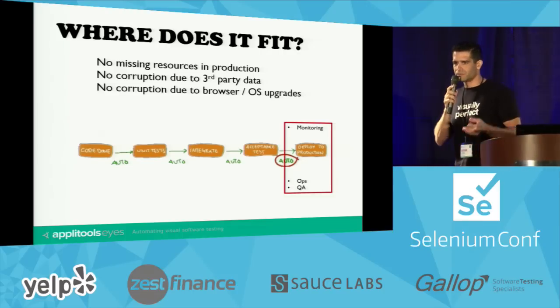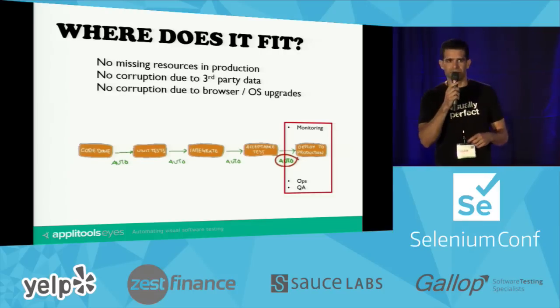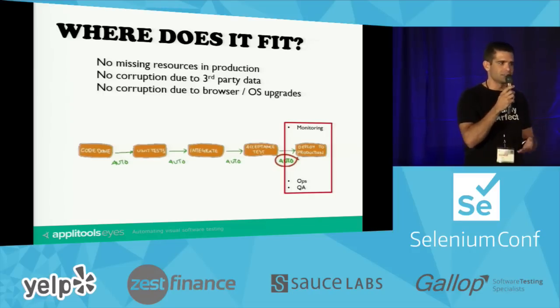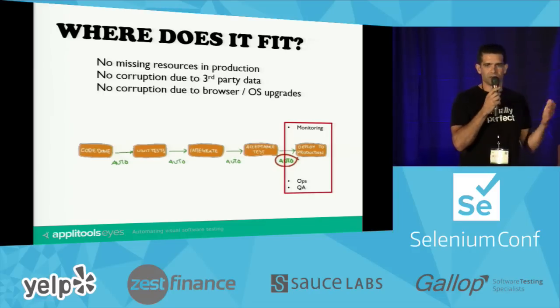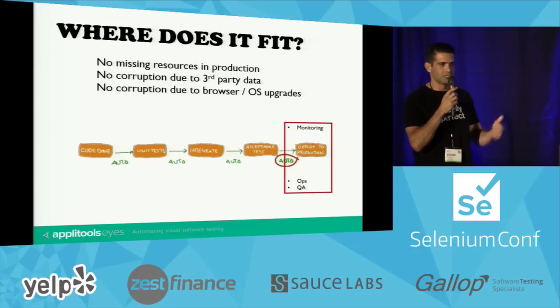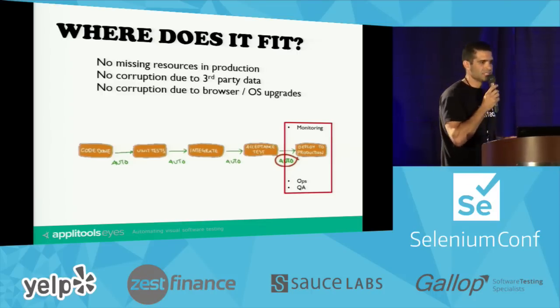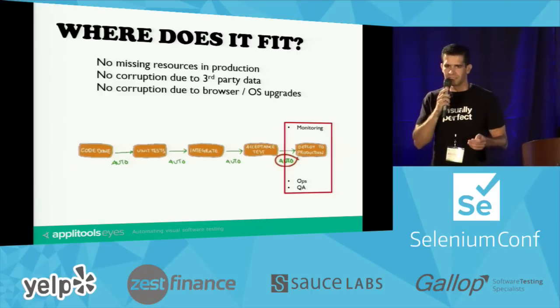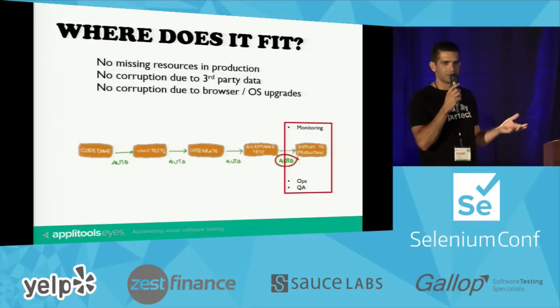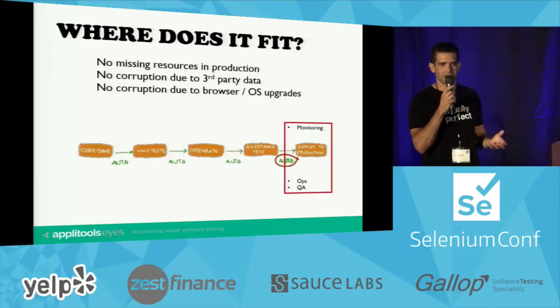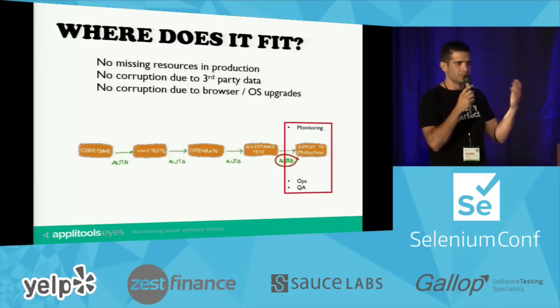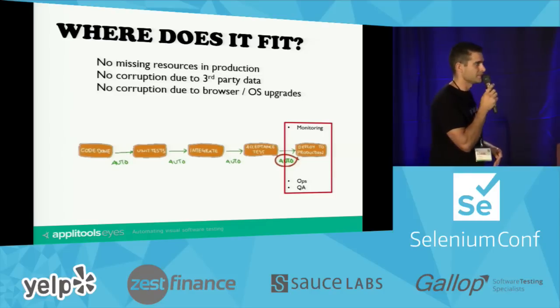If your application consumes data from a third-party application, there might be something wrong with the data which can cause corruption in your website, so this allows you to make sure that does not happen. And of course, it allows you to detect third-party upgrades: the moment the browser updates and breaks something in your app, you will know it immediately if you continuously monitor the application.